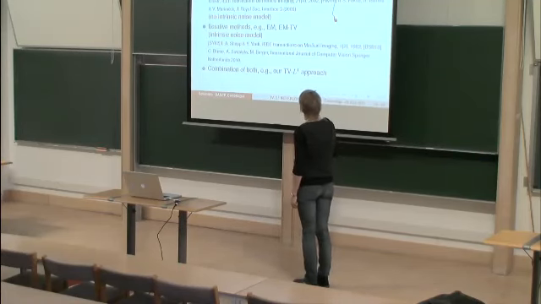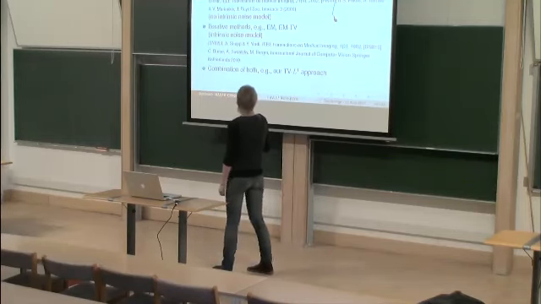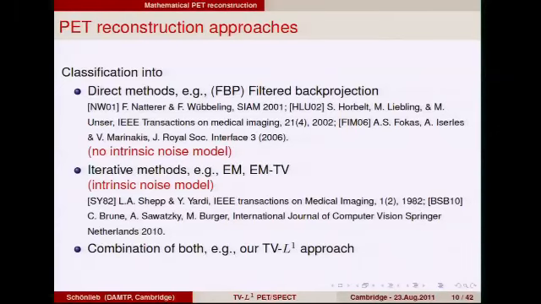And then there are iterative methods, which aim to invert the radon transform under the condition that you know that your measurements have a certain distribution. That's why they intrinsically model the noise distribution. And they usually do so in an iterative way, and a main keyword here is expectation maximization algorithms.